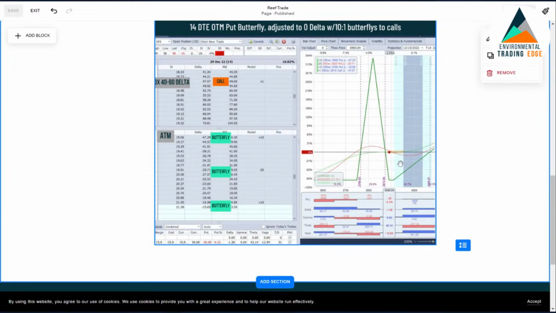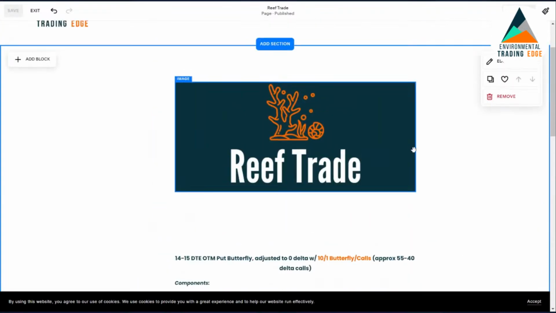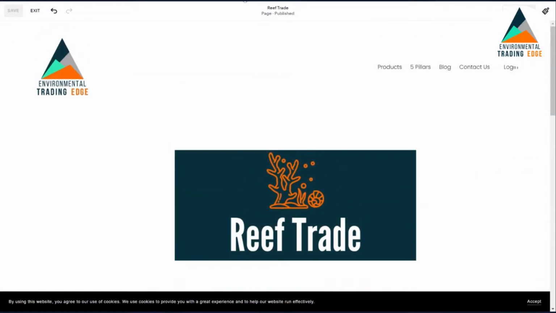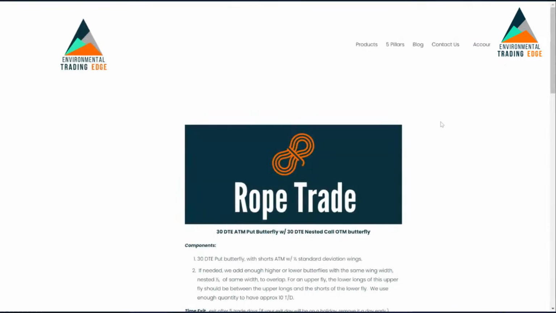Another question that we get a lot about is the rope trade. The rope trade uses a nested butterfly. So here's the rope trade.